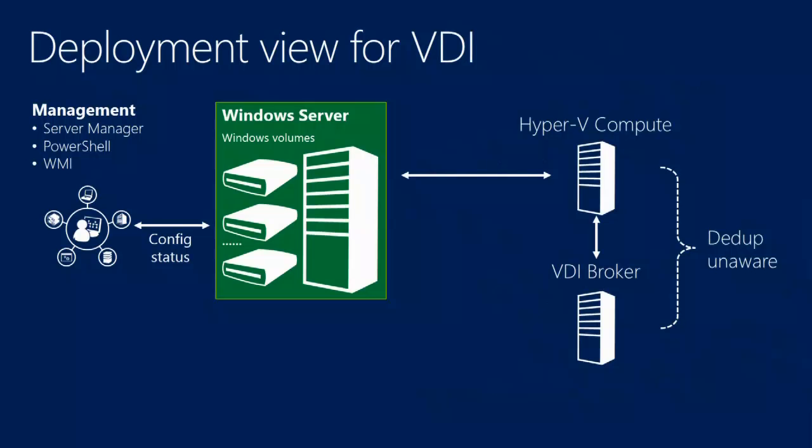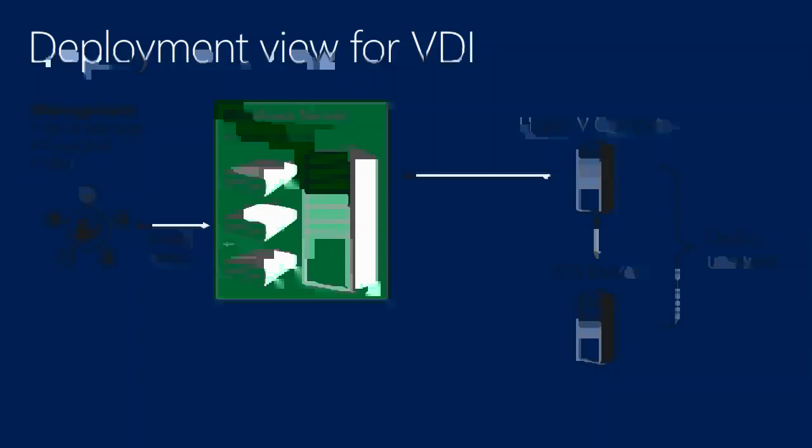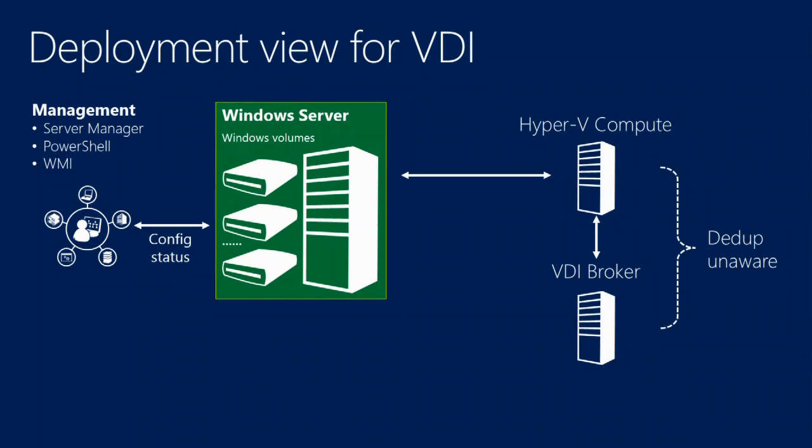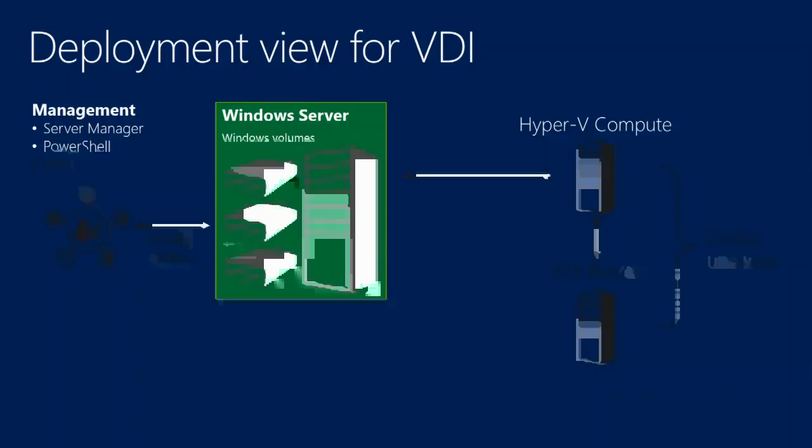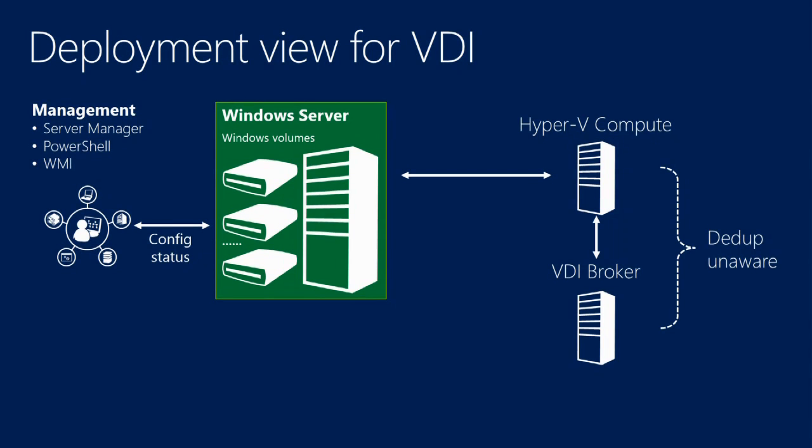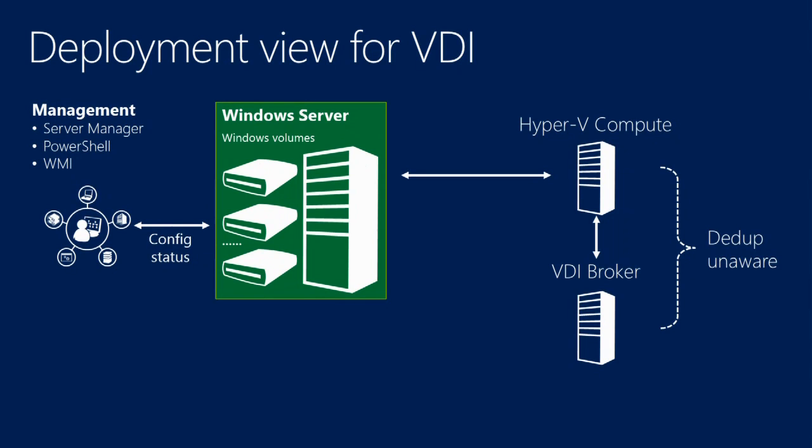So, general file server, VDI scenario, this is what we've been talking about much of the session. The interesting thing to note here is that the Hyper-V compute section of this deployment doesn't actually have to know anything about deduplication. Just like the information workers, laptops and desktops in the previous scenario, the Hyper-V server doesn't have to know about dedupe.